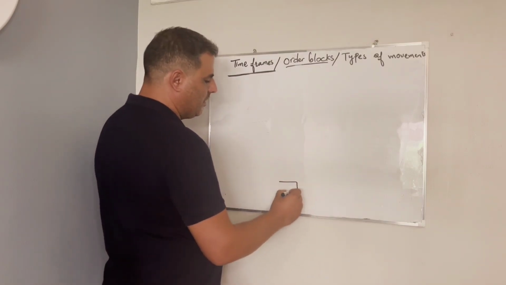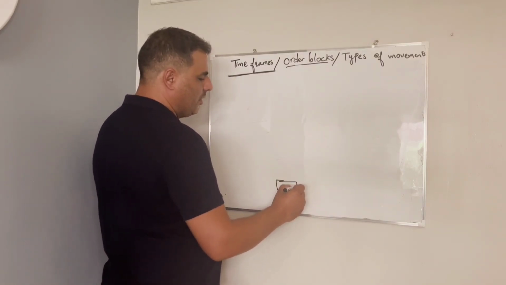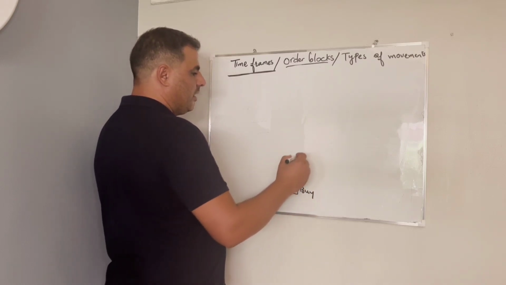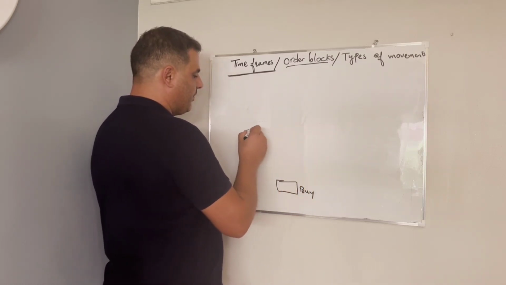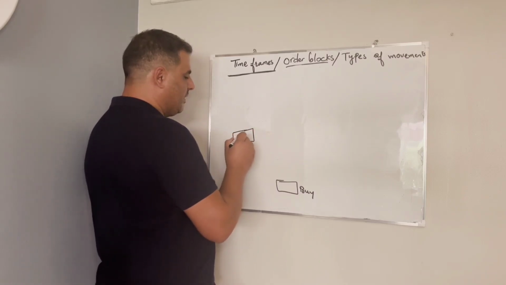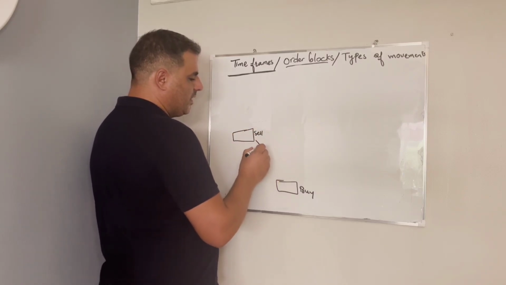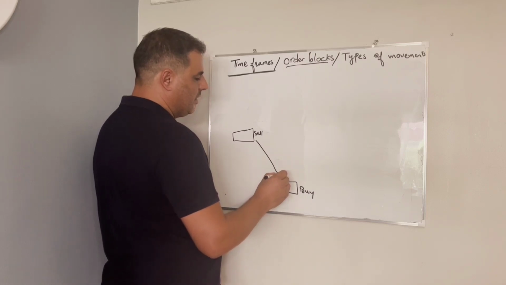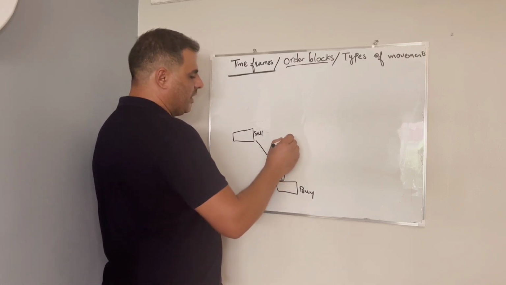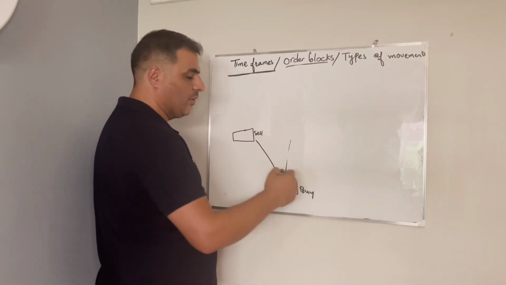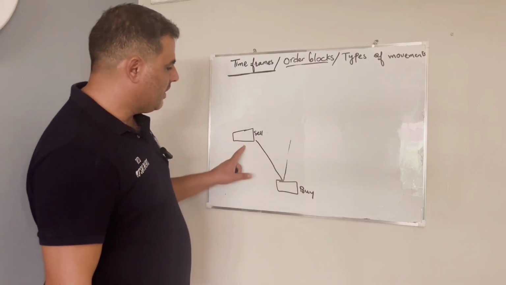If this is a buy order block, and here is a sell order block, and the prices have moved here, and now we expect them to go back here and come back here and again go up or close below this.